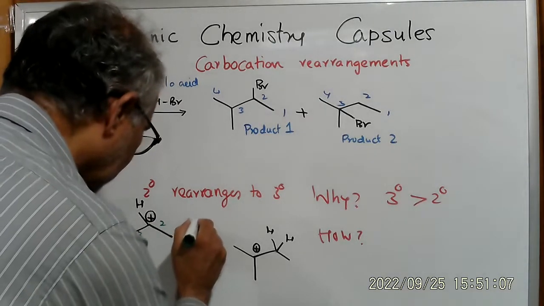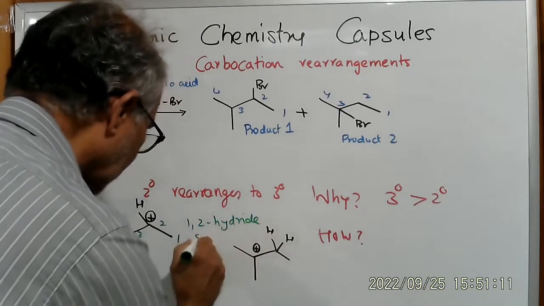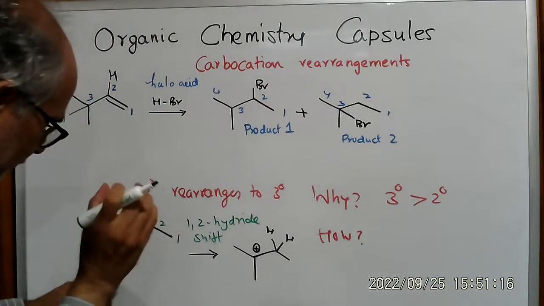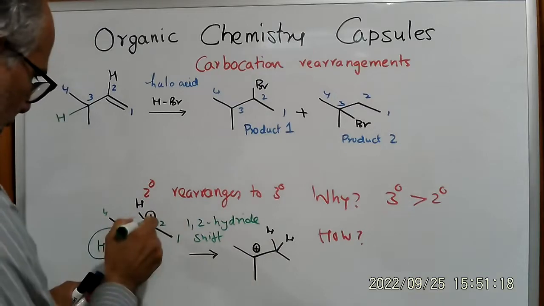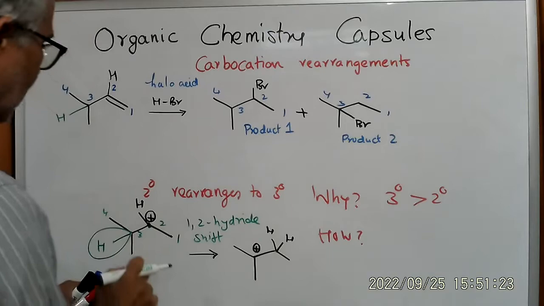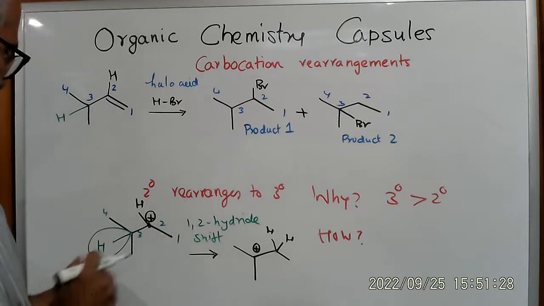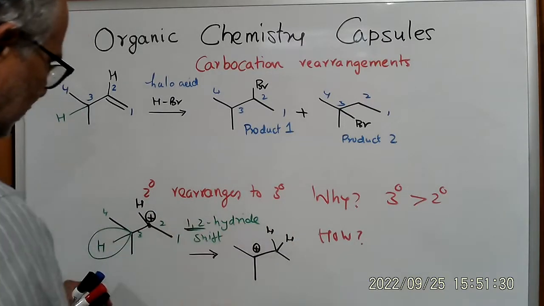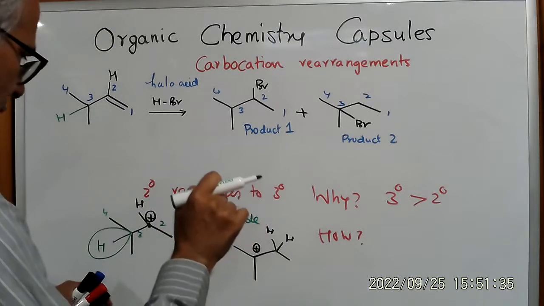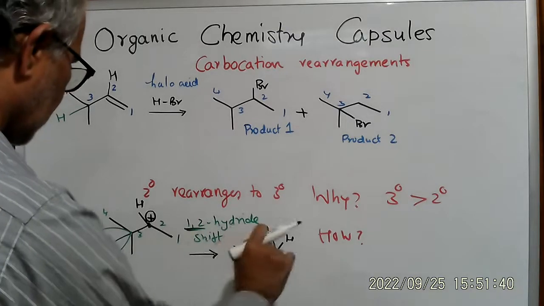We call it a 1,2 hydride shift. The 1,2 just says that the two carbons involved are adjacent: the carbocation carbon and the hydrogen on the next carbon.